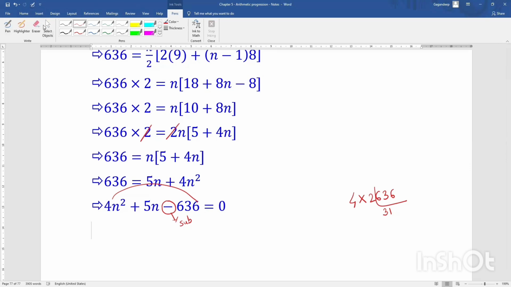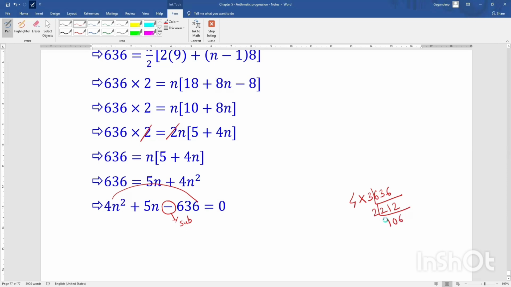So we divide 636 by 3: 3 twos are 6, 3 ones are 3. Then we divide by 2: 2 ones are 2, 2 tens are 20, then 6.